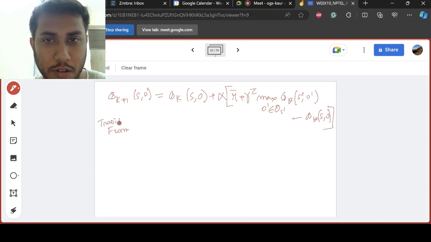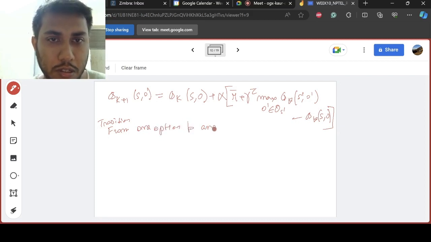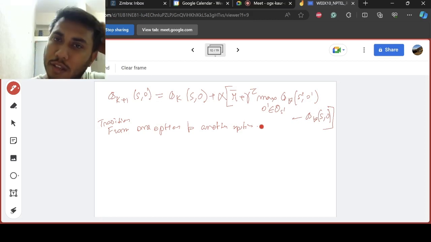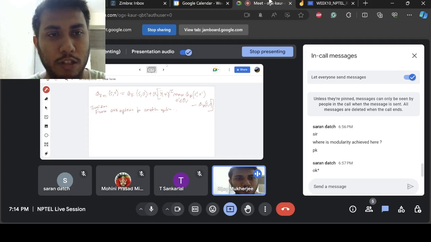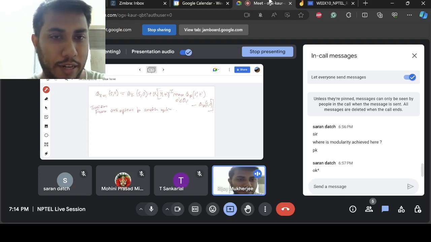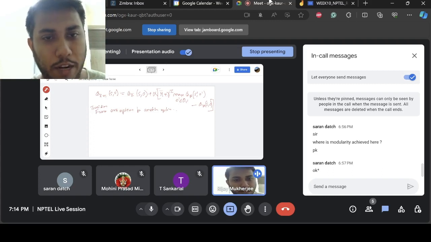The transition from one option to another option. So this is how you are defining the Q function, not for each option, but for one option each for the entire MDP, right?